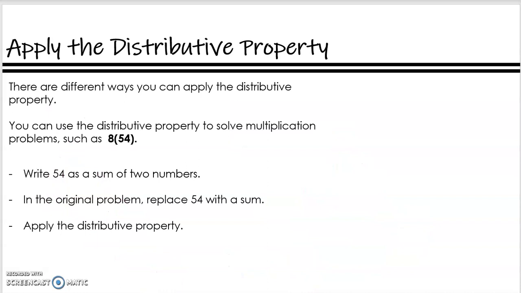So there are different ways you can apply the distributive property. You can use it to solve hard multiplication problems like 8 times 54. You may not know 8 times 54, but you can take 54 and write it as a sum of two numbers. So you could do 8 times 50 and 8 times 4.